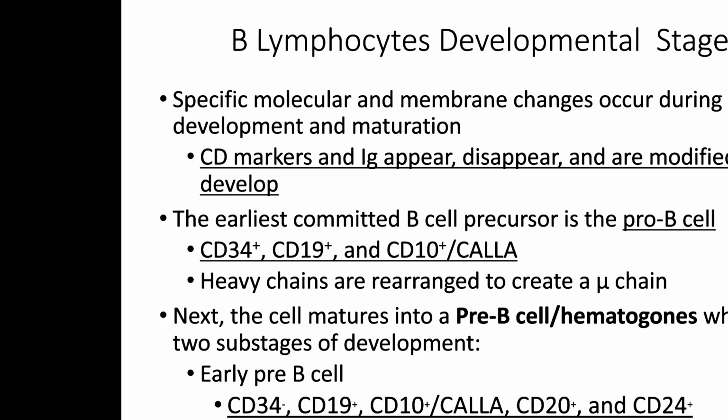Next, it turns into a pre B cell or hematogone, which has either a late or early stage. In early pre B cell development, it'll be CD34 negative, CD19 positive, CD10 positive, CD20 positive, and CD24 positive. Late pre B cell is CD19, CD20, CD22 positive, and CD24 positive.